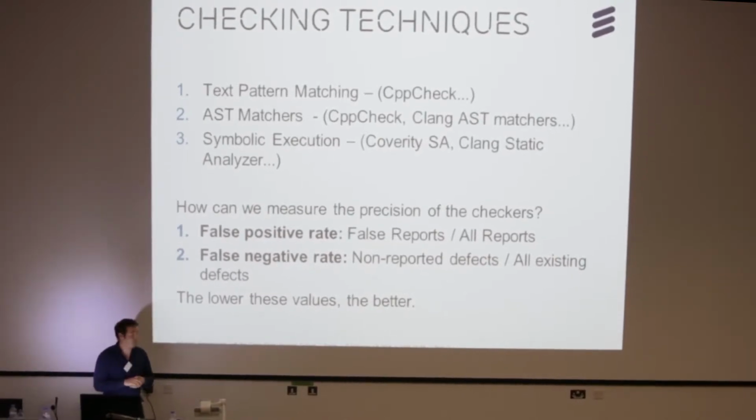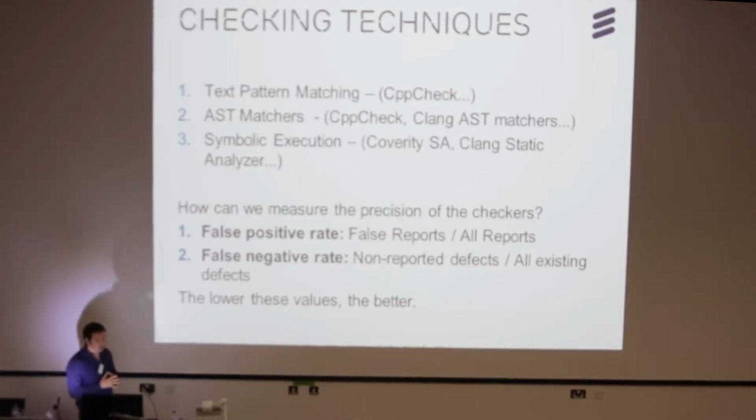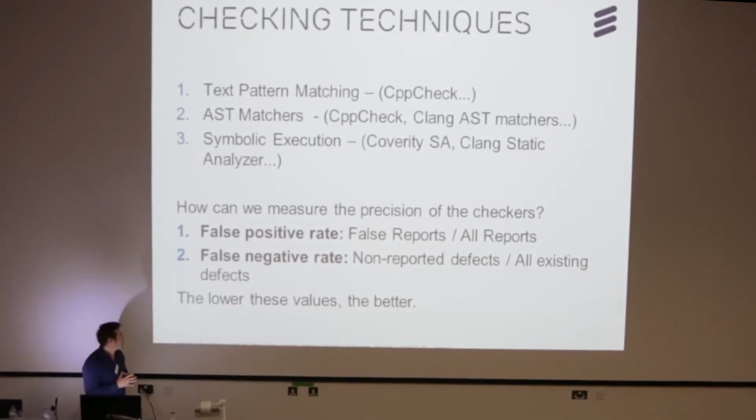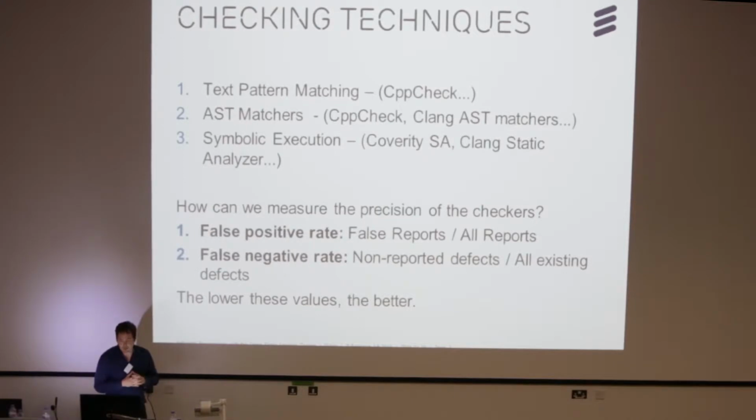How can we actually measure the precision, the quality, of our checkers? First, I would say would be the false positive rate. That means how many false reports you get for that checker divided by all reports.